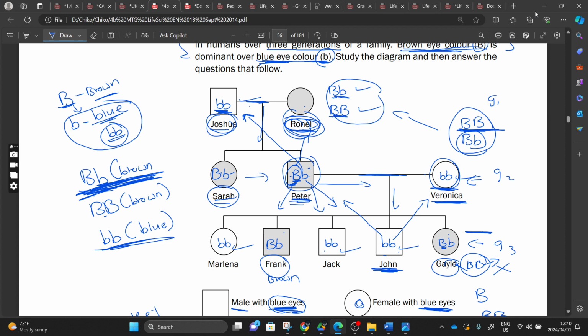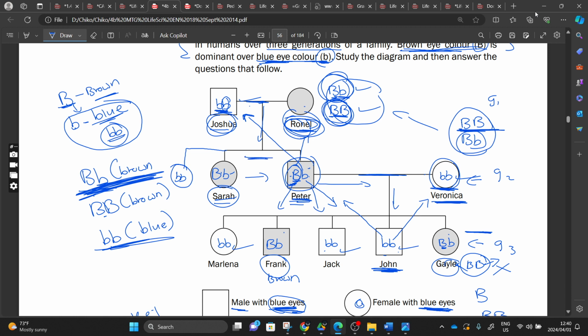But if, as another example, they had a baby here and that baby was not affected, it would force us to say Ronel cannot be like this, because for this baby to be like this, she has to take one from the father and one from Ronel. So Ronel would be capital letter B and small letter b only.